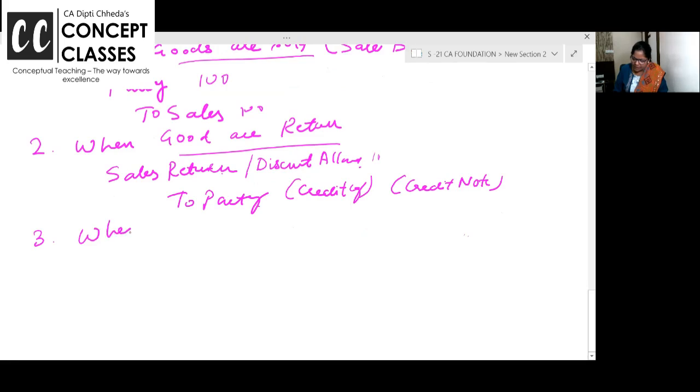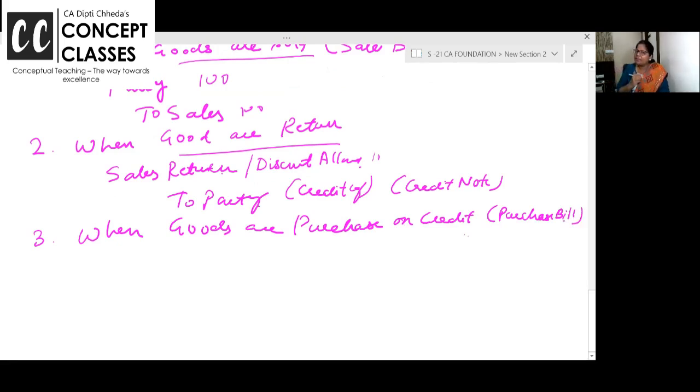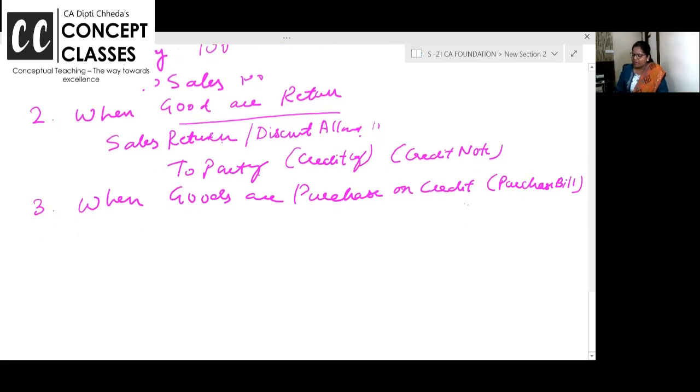Write down the third entry. When goods are purchased on credit. What is the source document? Purchase bill. Are you comfortable writing from the screen?